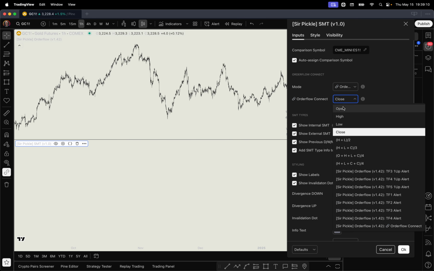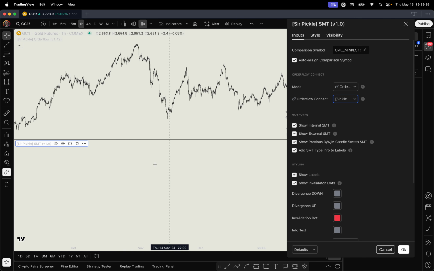This will only be visible if you have the order flow indicator on your chart, which then is this one. These ones you can ignore. I see them because this is how I send the alerts to our Discord, but you will not see them. You will only see these here. I cannot hide them. And you will see the last one here. And the last one is the one you choose. So pick the order flow connect.